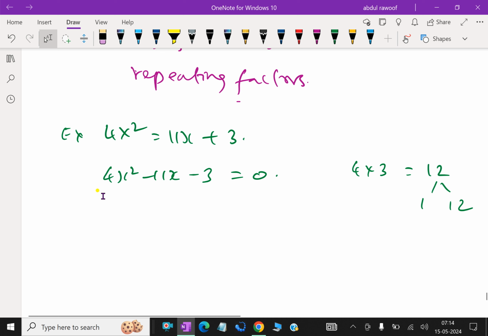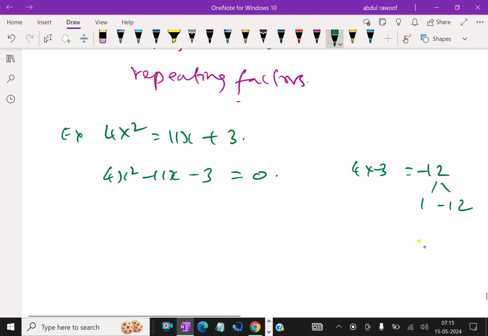So this is minus 12. Minus 12 must be split as 1 and minus 12. 1 and minus 12 multiplied is minus 12, and the sum 1 minus 12 is minus 11.